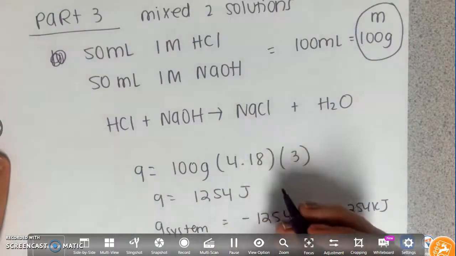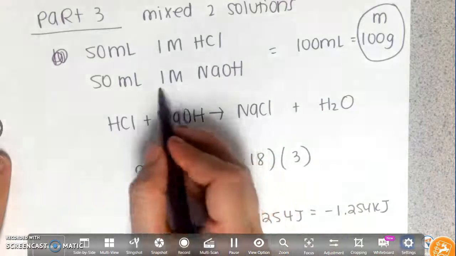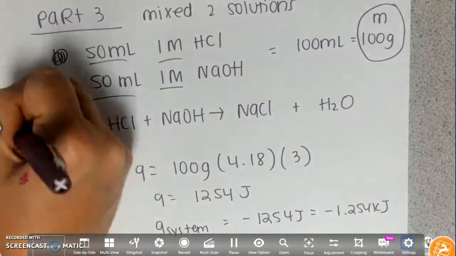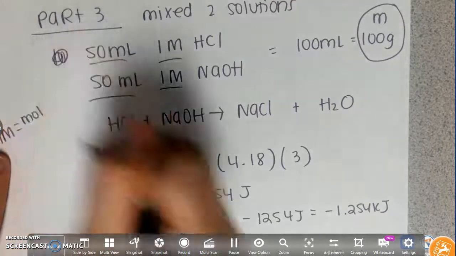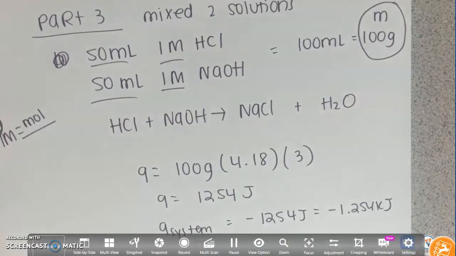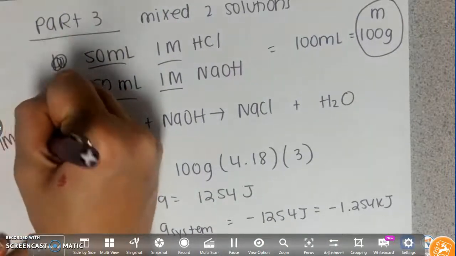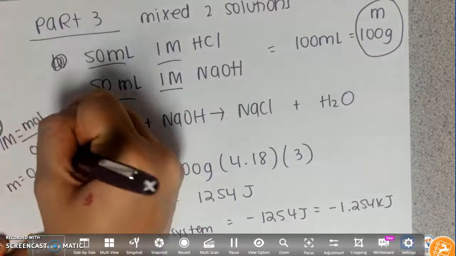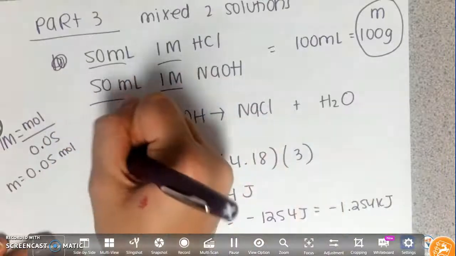You most definitely would want to double check that, but these are the same numbers, so it's going to be the same number of moles. So 1 molar of moles over liters. 50 milliliters, make sure you divide that by 1,000 before you put it on the bottom, is 0.05. So my moles were 0.05 moles of each one.